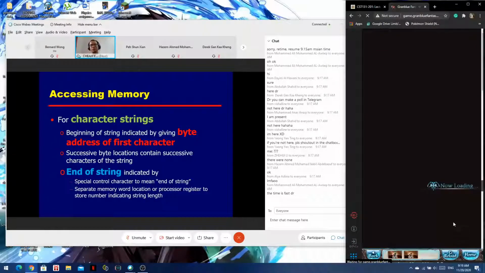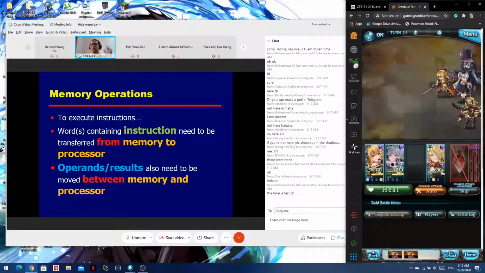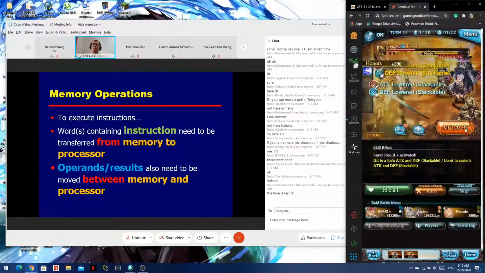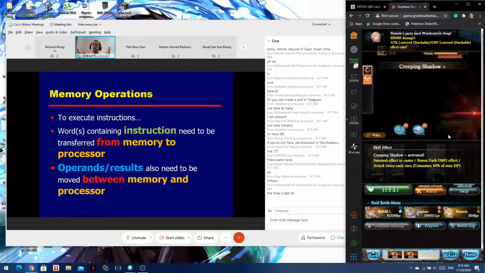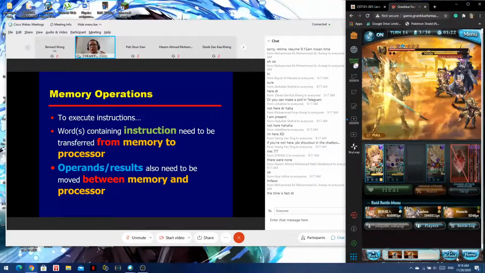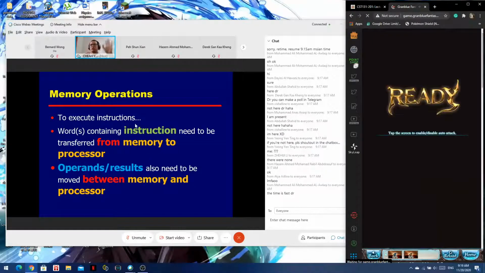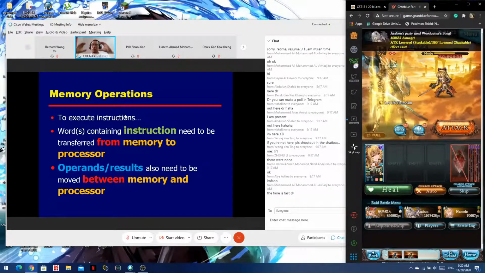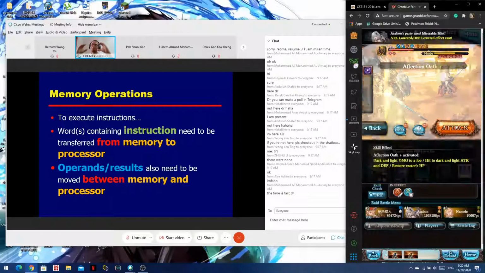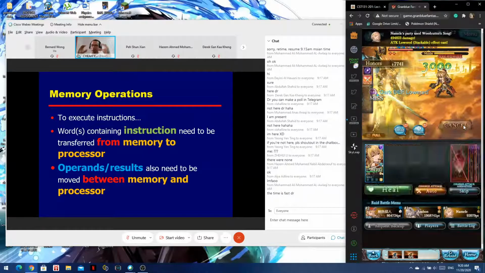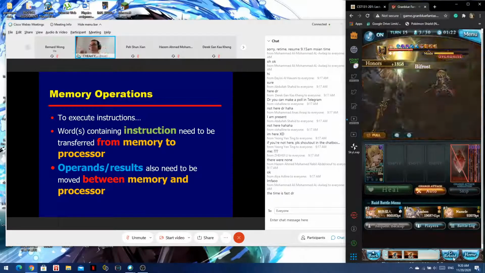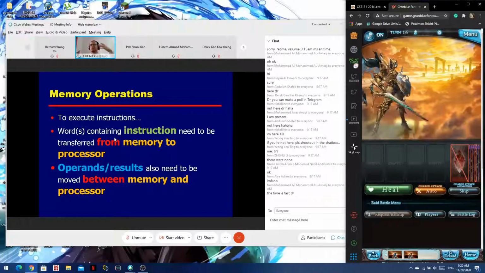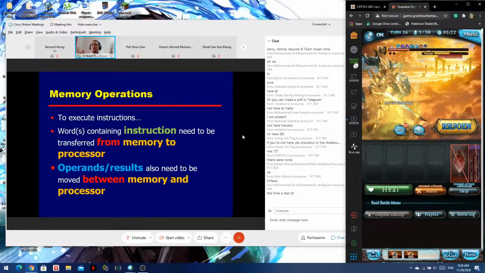Those are what you can store. But what can you do? To execute instructions, memory words will potentially contain instructions. Instructions are not necessarily numbers or strings, but in order to do operations, the memory word will contain an instruction. This instruction to be executed will need to be transferred from the memory to the processor, because the processor doesn't have the codes.